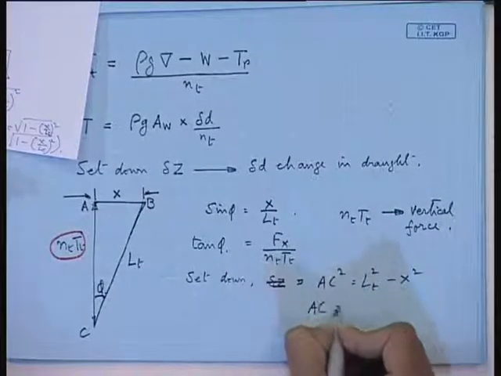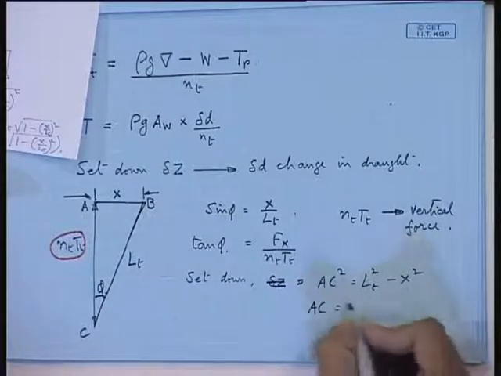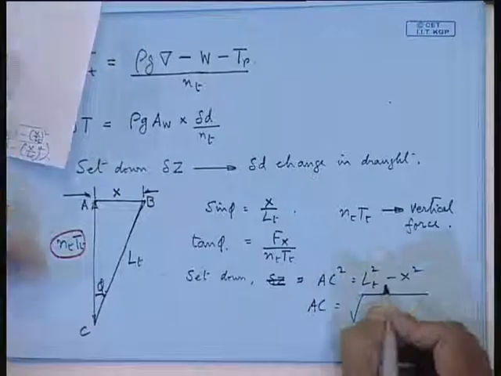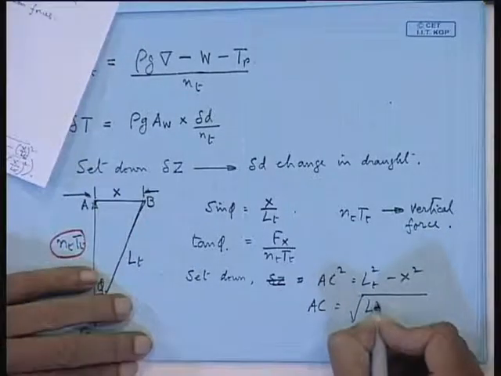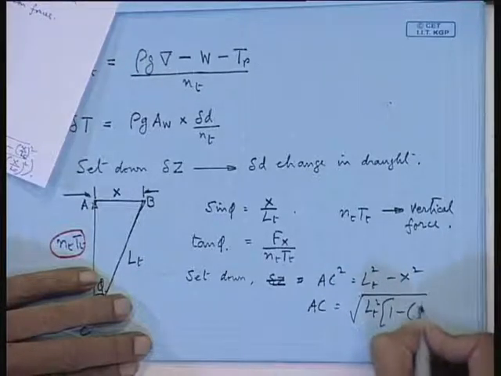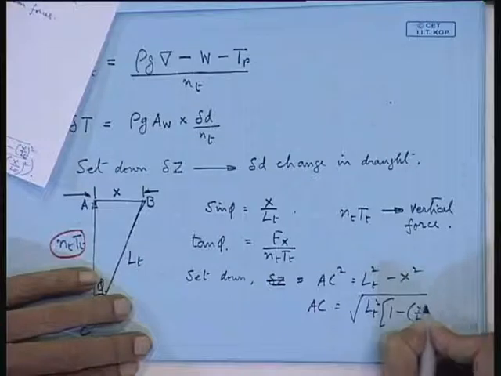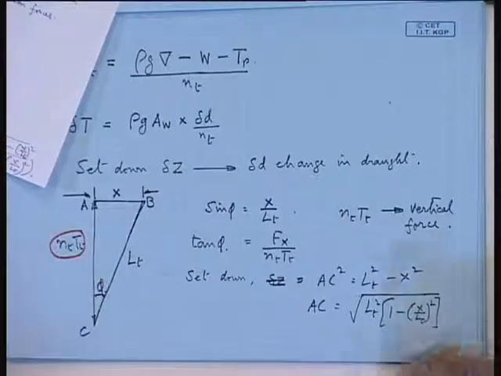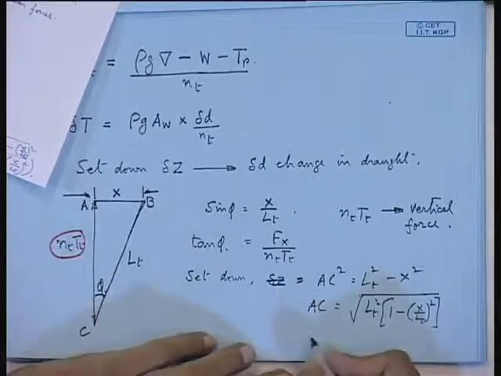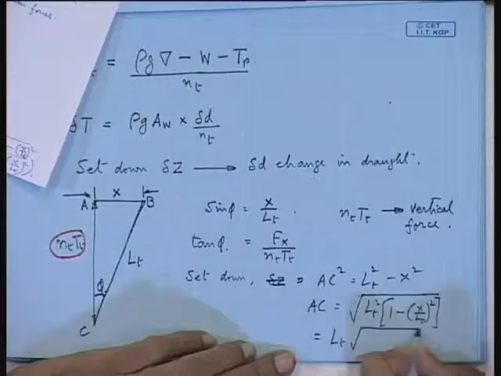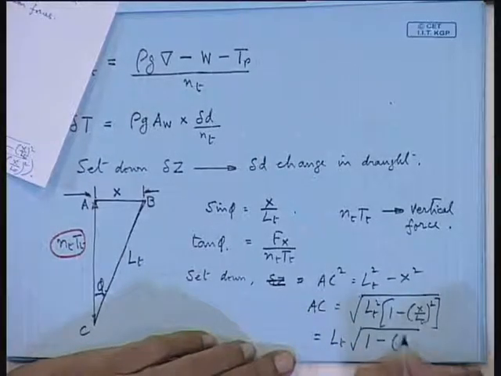So, AC is equals to how much? You write like this, you bring that LT out. So, this is LT square into 1 minus x over LT, this is square, is it right? So, this is your LT into root over 1 minus x over LT square.